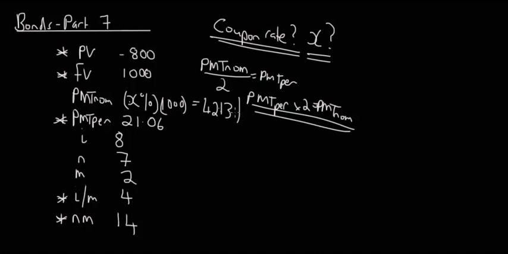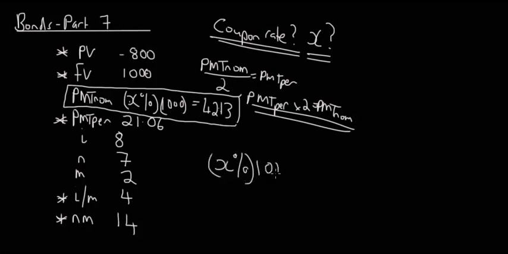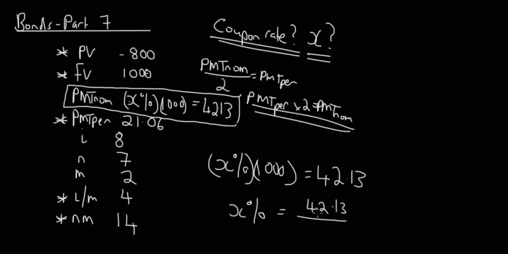Okay, so we're looking for the coupon rate. The question asks us, what is the coupon rate of this bond? So this is our prime information here. We're looking for X. So X% of 1,000 equals 42.13. And what we need to do is isolate X. So X% equals 42.13 over 1,000.